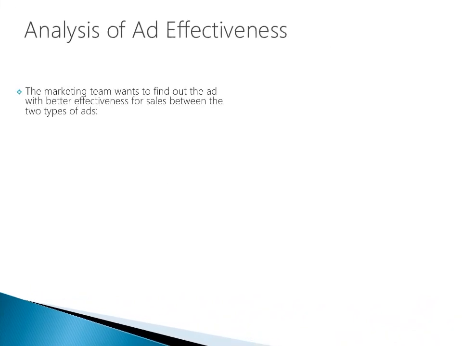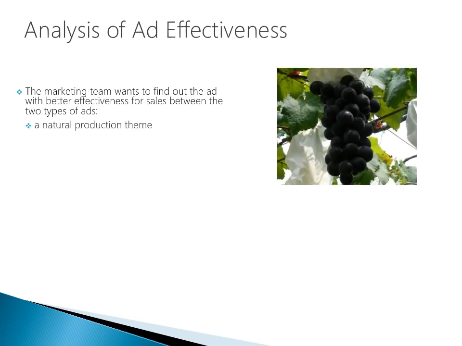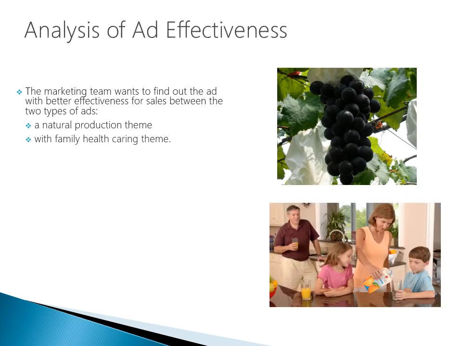So our supermarket marketing team wants to find out which of the two different types of ads has better effectiveness for sales. Remember, we had our natural production theme advertising campaign going on in a supermarket store, and then we have a different theme, which is the family health caring theme.